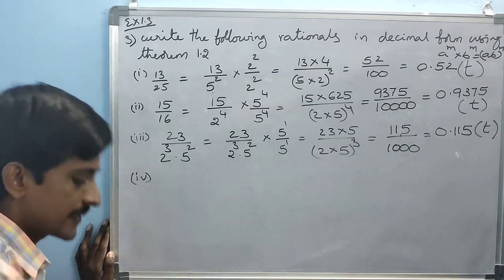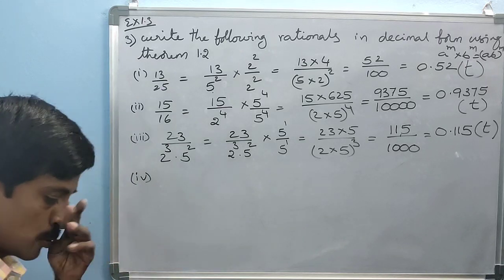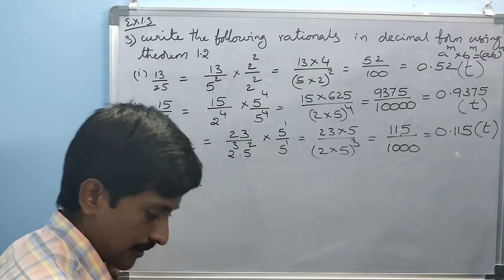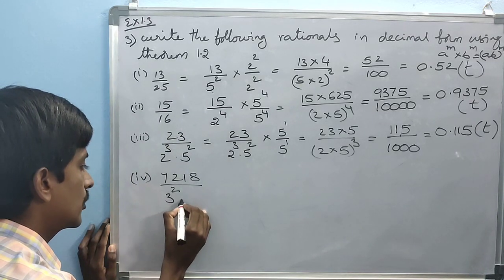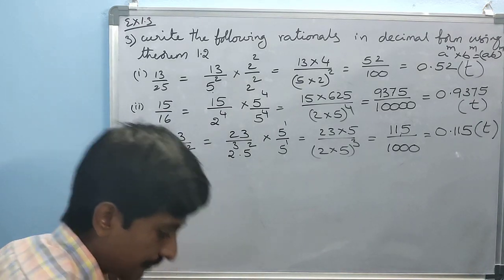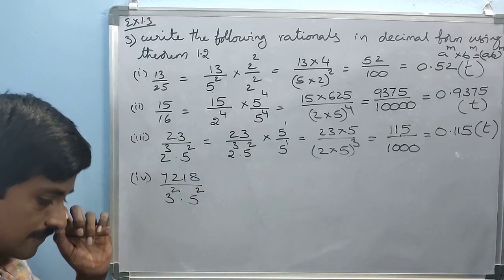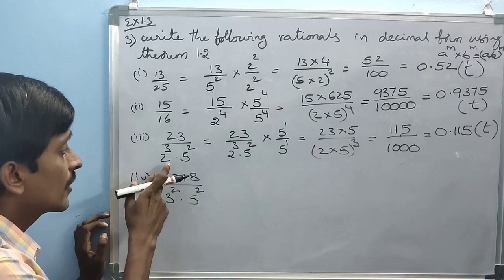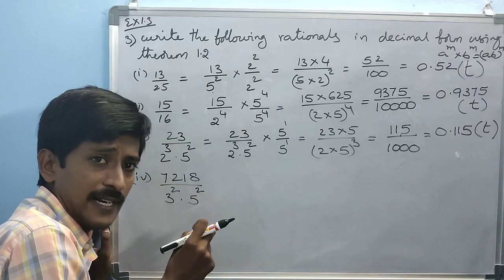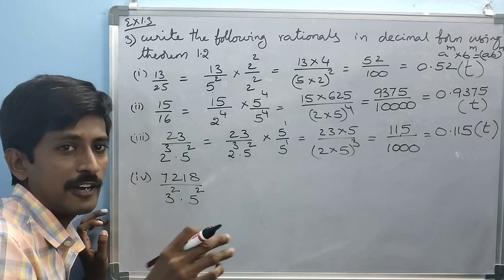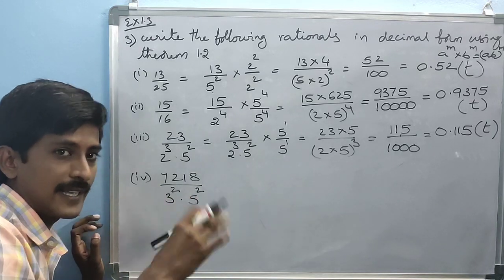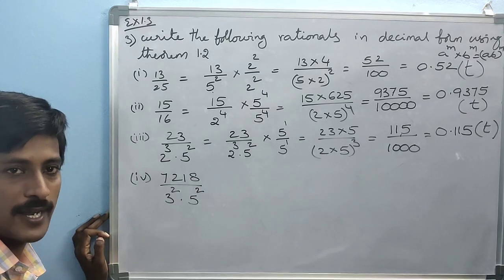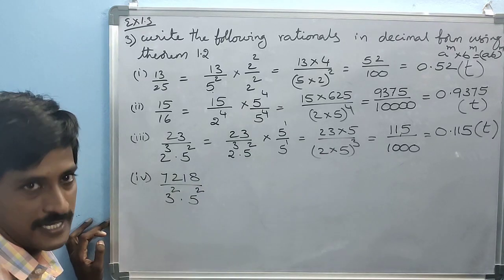And what is the fourth one given? 7218 by 3 square into 5 square. Here, if the denominator has only 2 power n or 5 power m form, then the number can be converted into decimal form, a terminating decimal form.